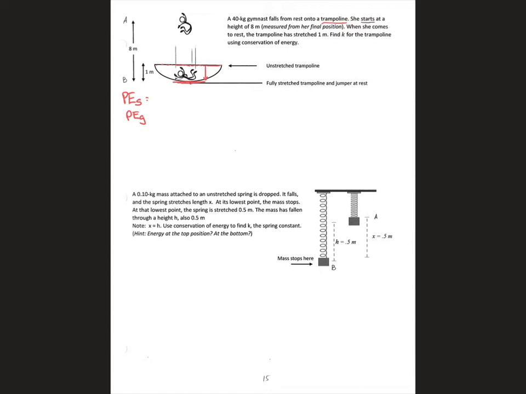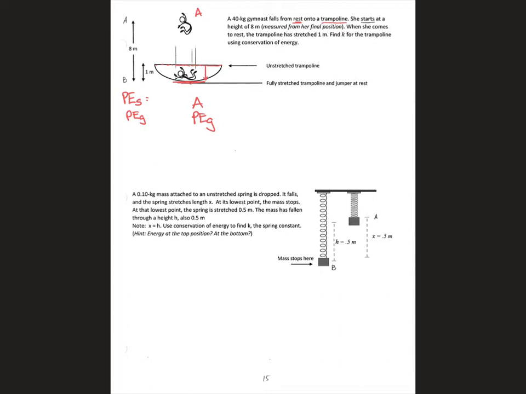So let's see if we can solve this one. Position A is when the jumper, the trampolinist, is at some significant height above the trampoline. What kind of energy do you have at the highest point? She starts from rest. Maybe she jumped up in a previous jump, and you run out of velocity. So let's assume that at position A, potential energy due to gravity is the only kind.